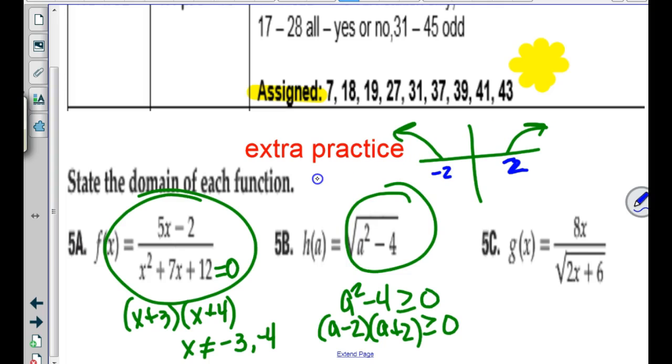So what can it equal? -2. Actually, it could equal, because you could take the square root of 0, right? If I put a 2 or a -2 in here, I get square root of 0, which is 0. So it's actually a bracket. And then what? Okay. One more. What happens here?